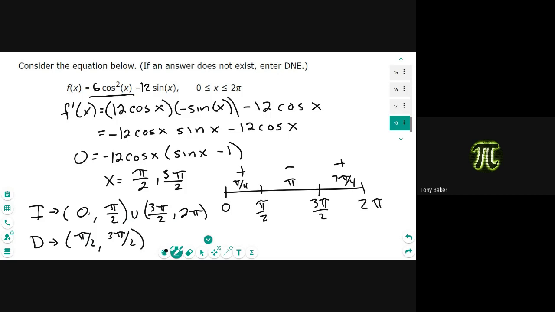And then local minimum and max. I mean, if we plug this problem in on the graphing calculator, wouldn't we be able to visually see? Yeah.